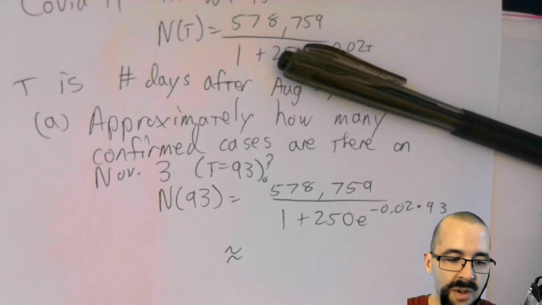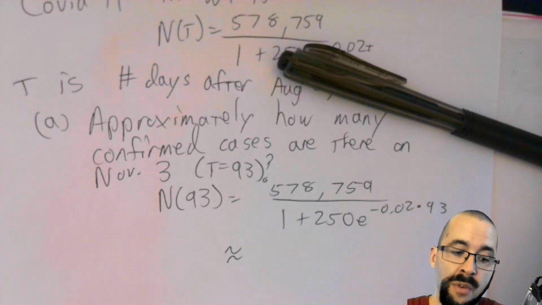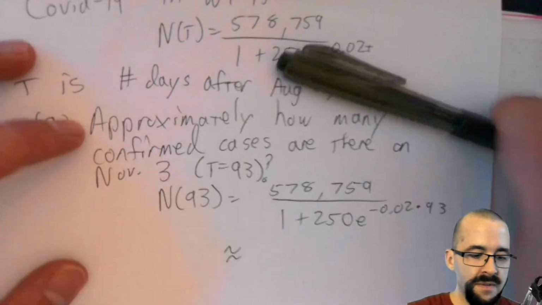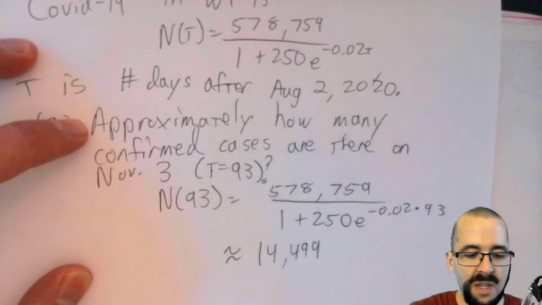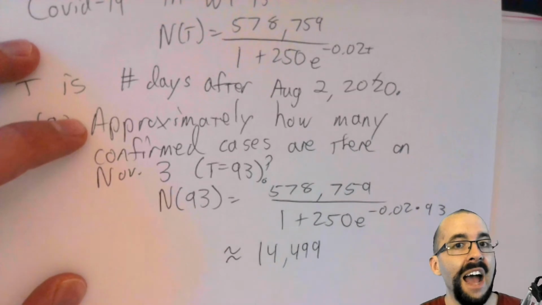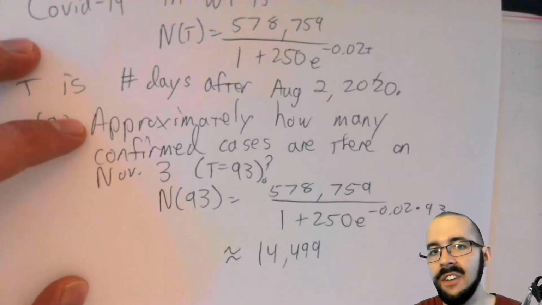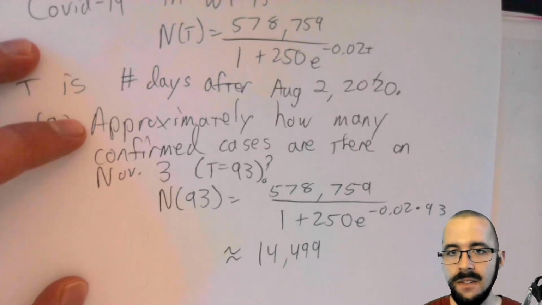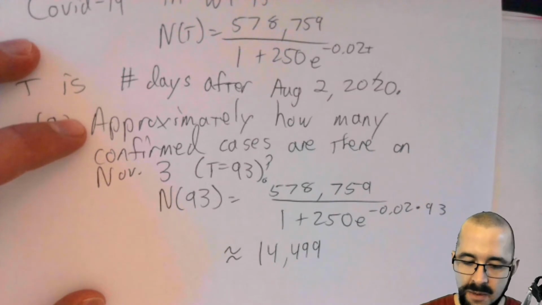Okay, so if you type this into a calculator, 578,759 divided by parentheses 1 plus 250 times e raised to the negative 0.02 times 93, you're going to get approximately 14,499 people in the state of Wyoming currently have or have had, so this is cumulative cases, number of people who either have it now or got it already is 14,499 people.